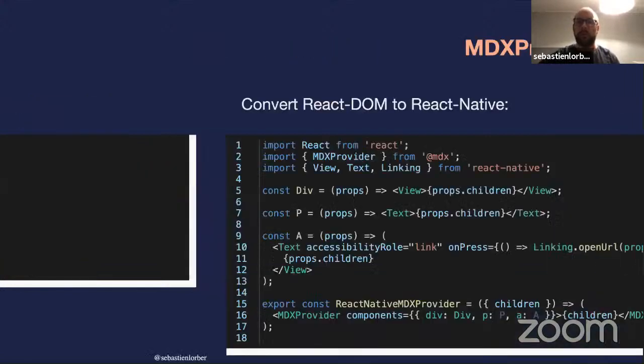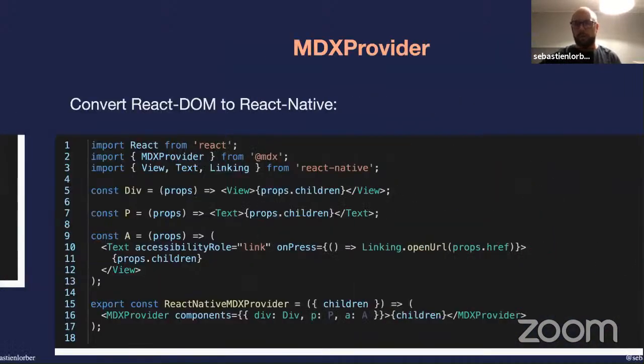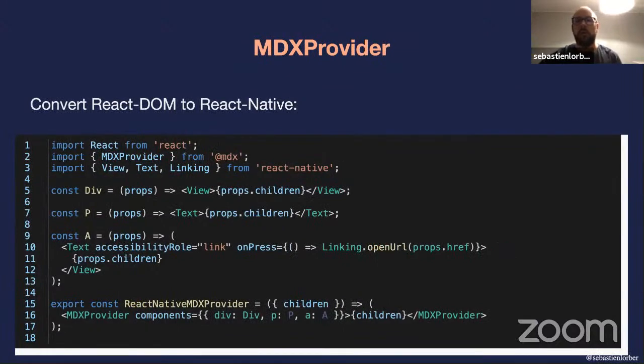And the MDX provider, once we have wired the JSX call with the pragma, allows us to override the elements that are output by MDX. So for example, if we encounter a div in the JSX output, we can say that for React Native, a div should be rendered with a View.